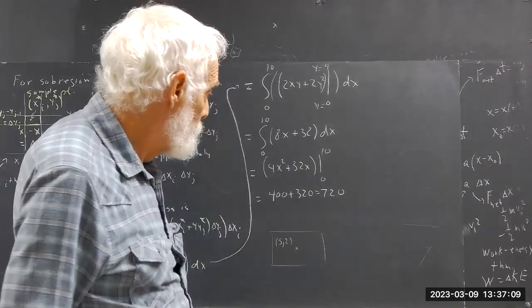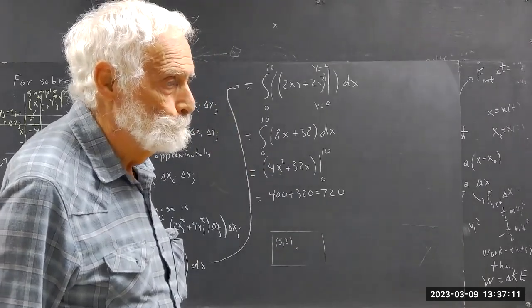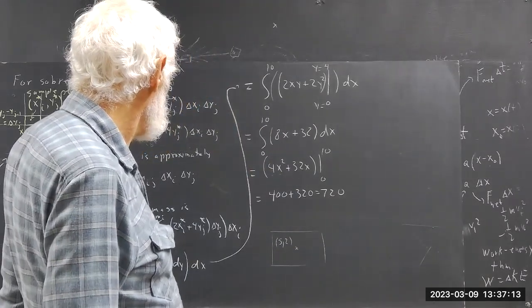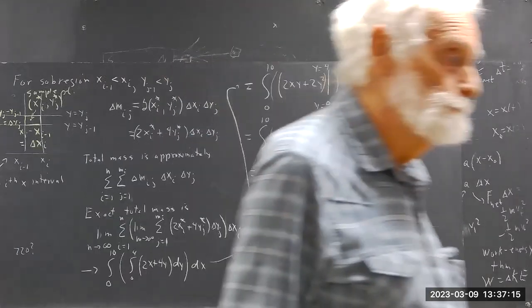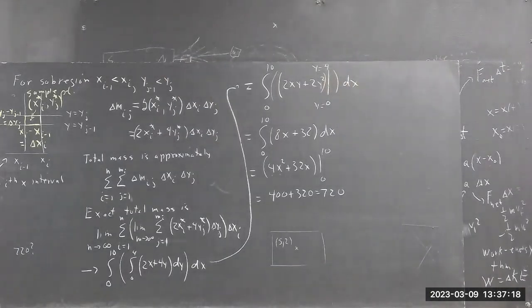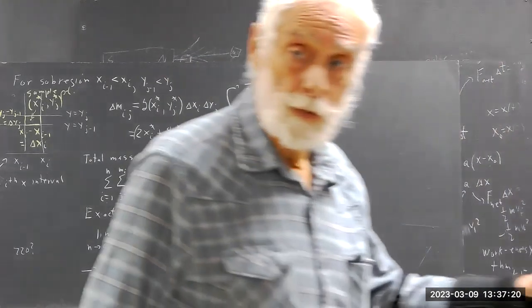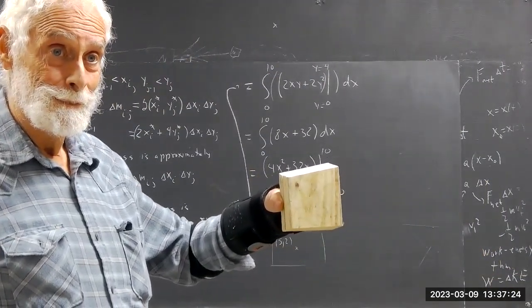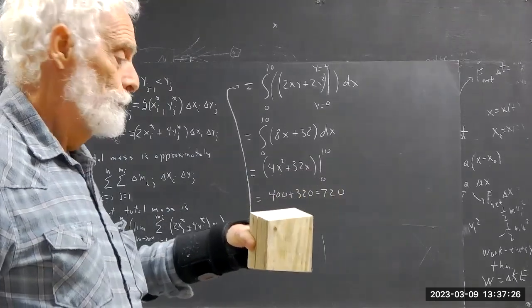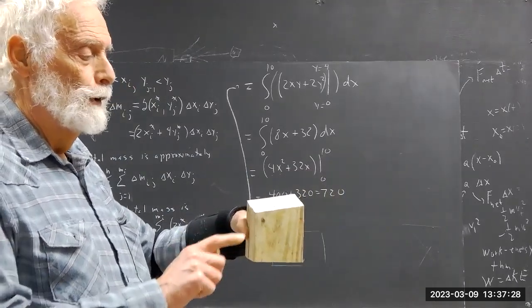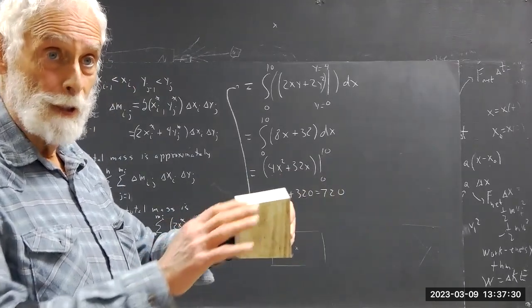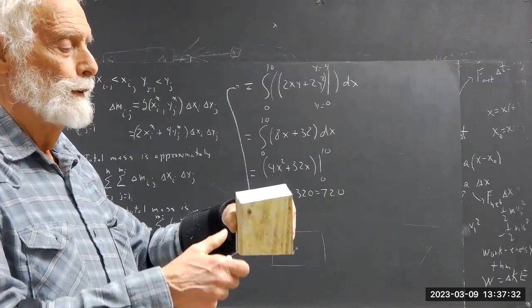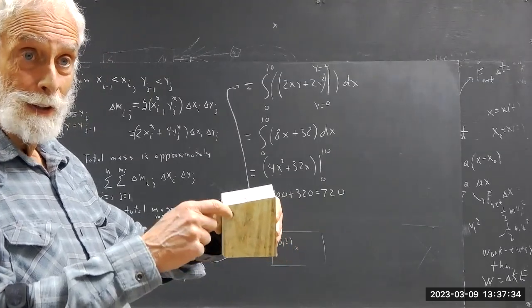That integral would just as well give me the volume of this region, if the height is 2x plus 4y. You can imagine that region having a height of 2 centimeters times whatever x is.